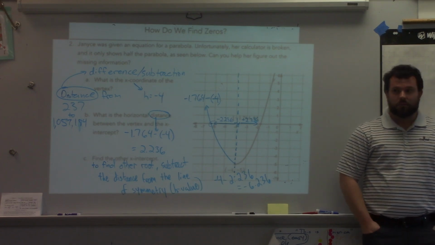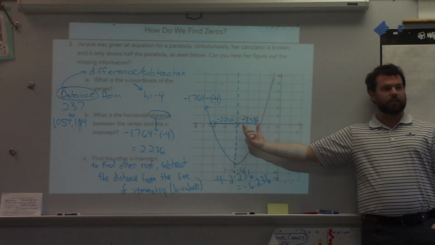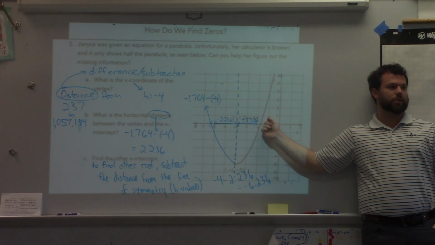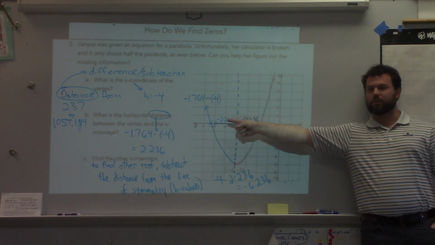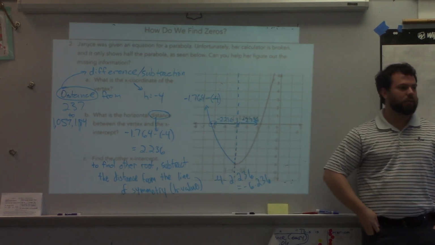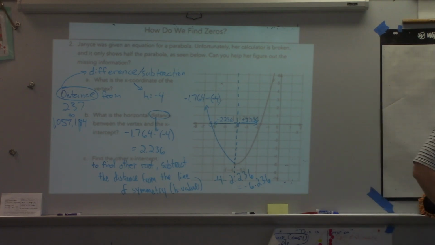Because I will point this out. If you have h and you have your distance, how do you get the rightmost one? You just add the distance. How do you get the leftmost one? You subtract the distance, right? So once you have h, you just got to add and subtract that distance. That's easy. The question is, how do we find that distance? If you're given a graph, it's easy to find that distance.